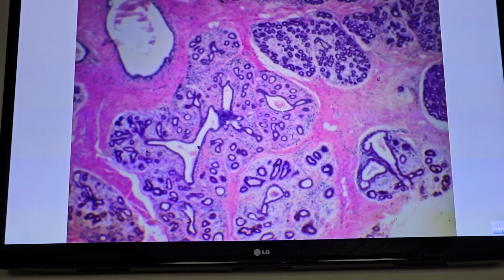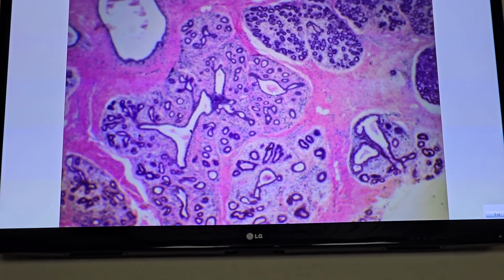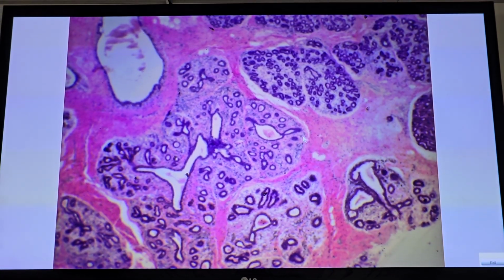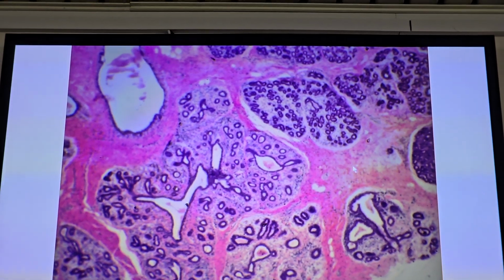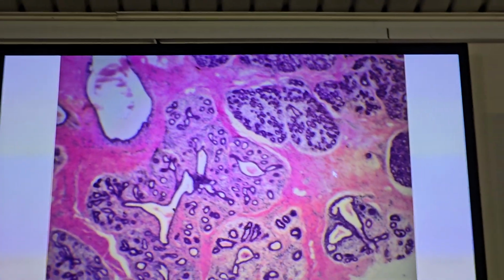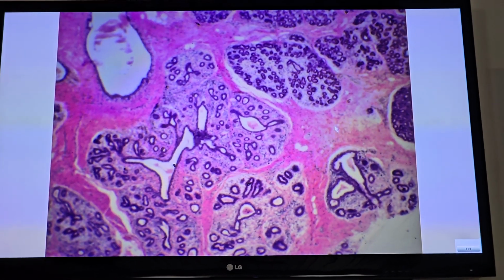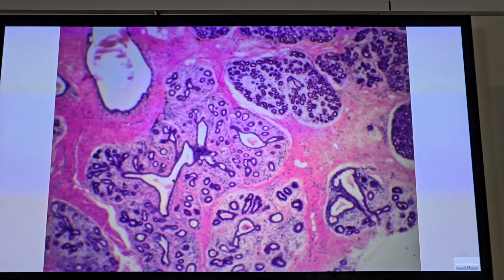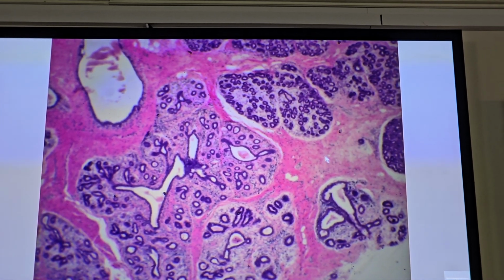This fluid contains proteins and leukocytes. This is mammary gland during pregnancy. We can see that stroma becomes less prominent. Unlike before, when the stroma was the most prominent, during the pregnancy it becomes less prominent.